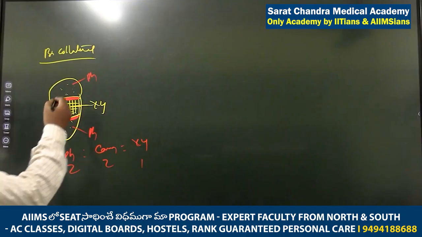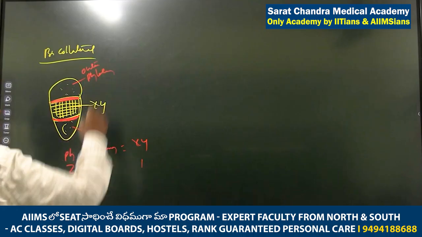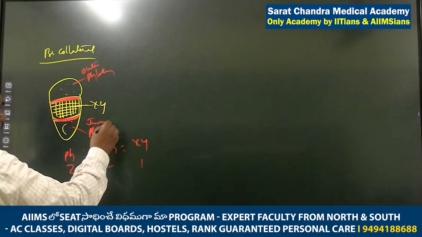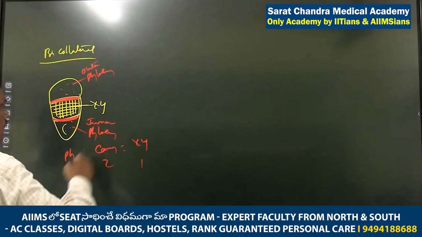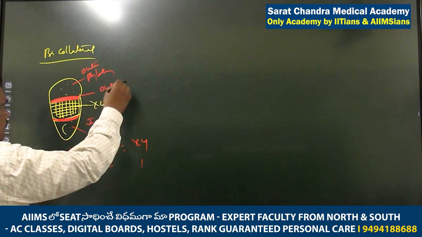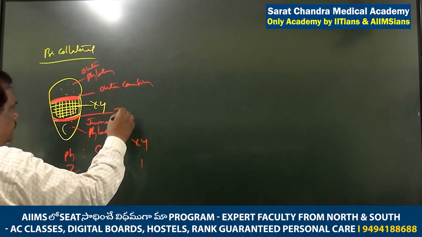The phloem present towards the outside is called outer phloem. The phloem present towards the inner side is called inner phloem. The cambium present towards the outside is called outer cambium, and this is called inner cambium.